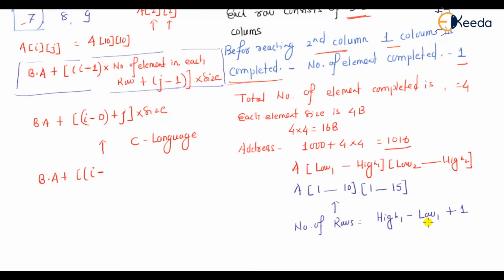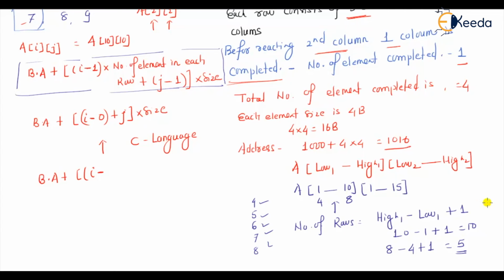Okay, 1 to 10. So I'll write here 10 minus 1 plus 1, that is equal to 10. Now suppose the low is 4 and high is 8. Okay, for example, in that case also I write the same thing, that 8 minus 4 plus 1, and that is equal to 5. So there will be row numbers 4, 5, 6, 7, 8. So there will be a total of 5 rows.